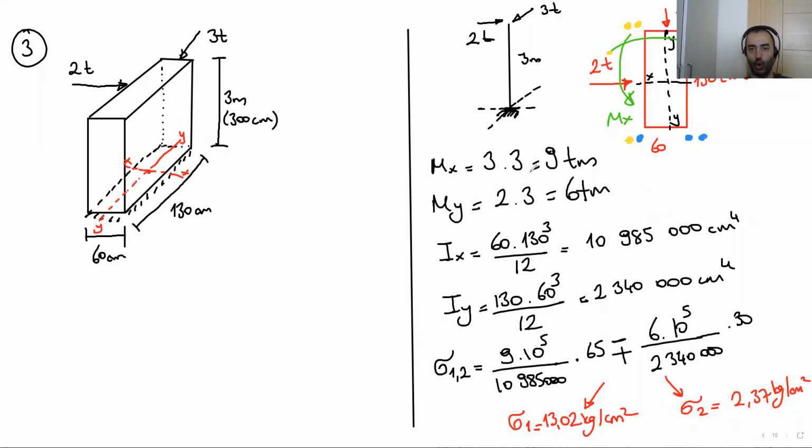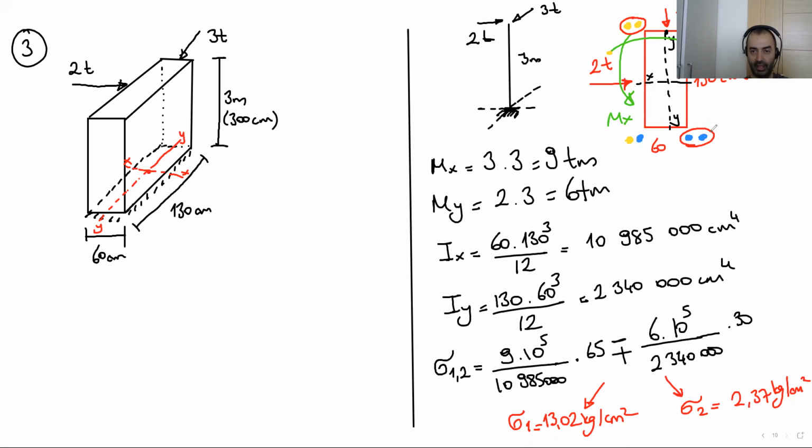If you look at the corners and the colors, let me change color. We have double blue here, double yellow here. So in double axis behavior, if we have double color at these corners, we have the maximum stresses at these corners.